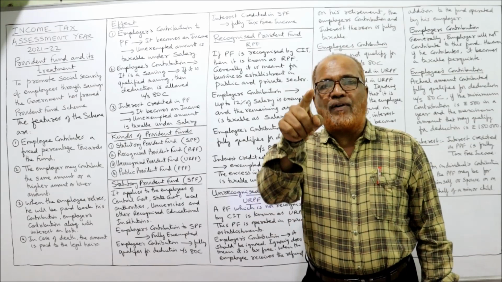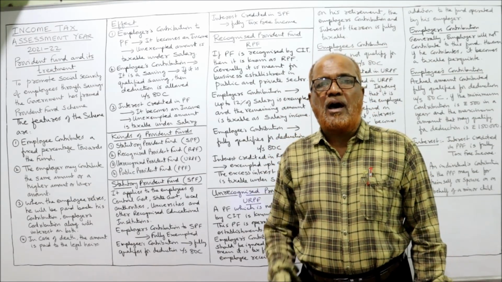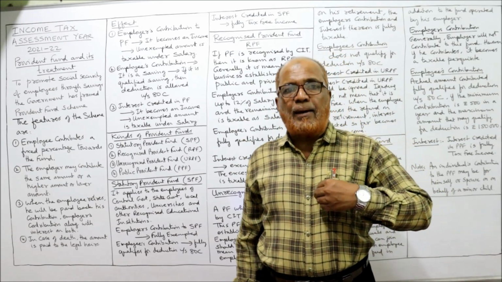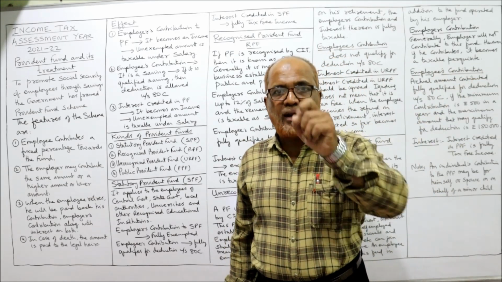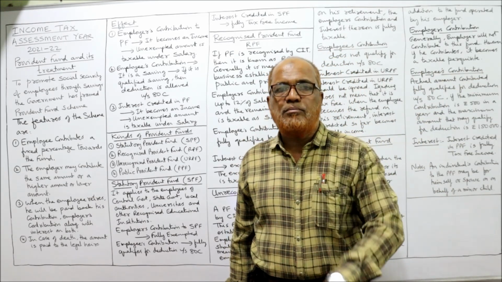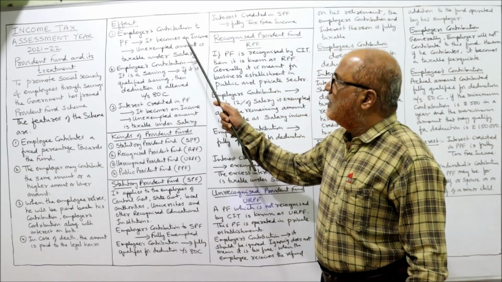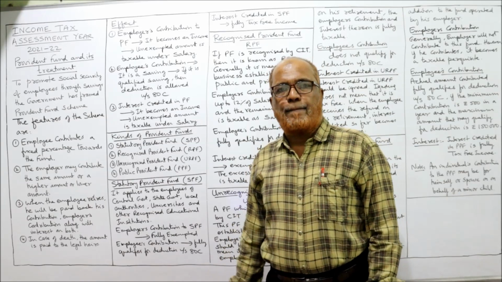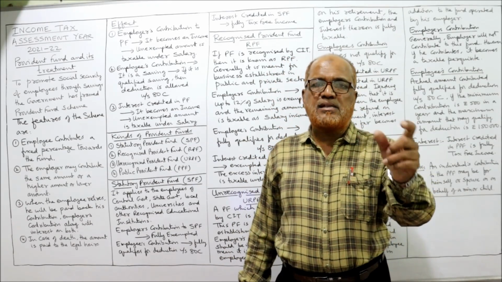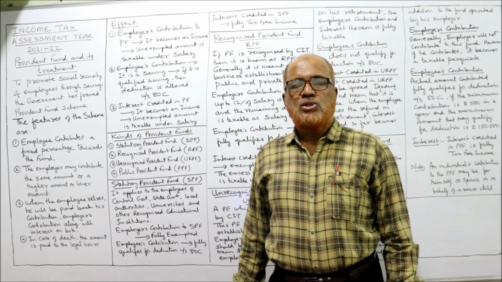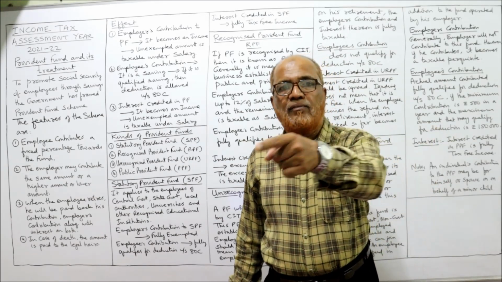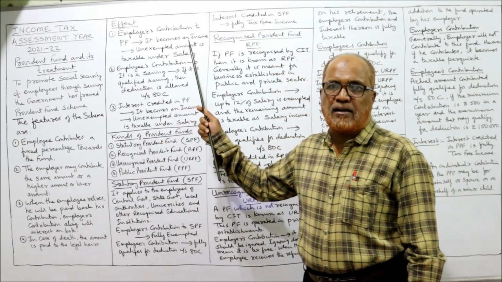Out of 10,000, 5,000 you are depositing and 5,000 the employer is also depositing. So whatever the employer deposits in your account is an income to you. Some amount is exempted, some amount is unexempted. The unexempted amount is taxable under the head salary.